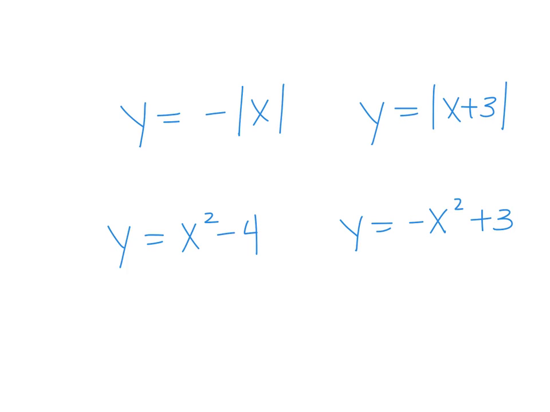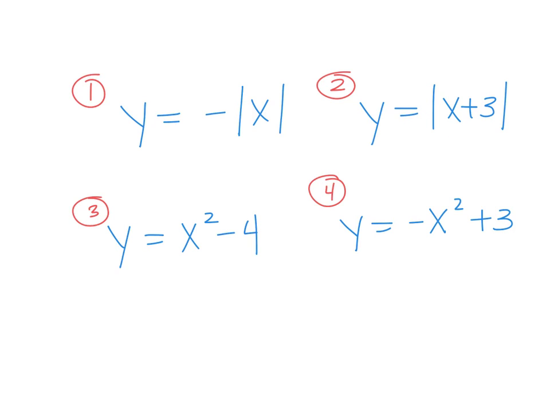Can anyone tell me what one of these 4 will look like, just in terms of their general look? So number 1, number 2, number 3, or number 4. Do you know what any of them will be? What's absolute value? What does that look like when we throw an absolute value in? All of these are letters. Absolute value makes what shape?